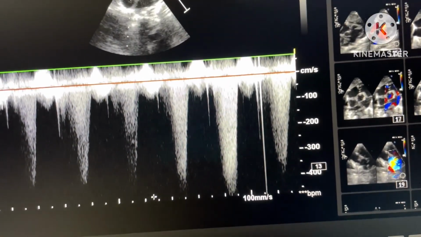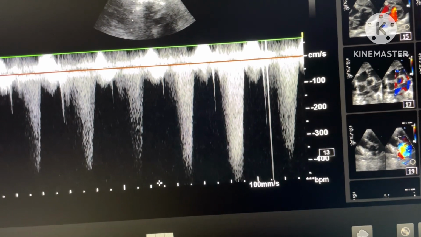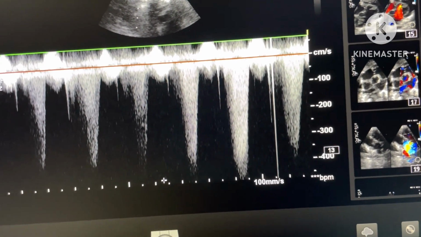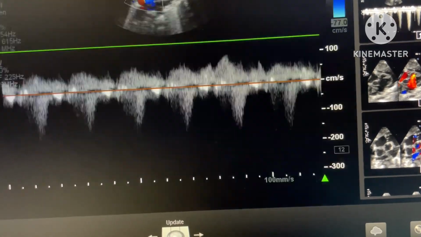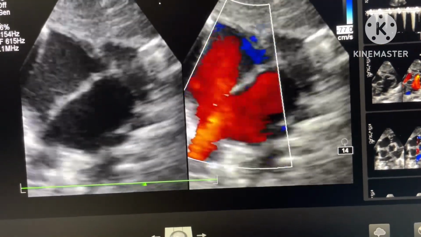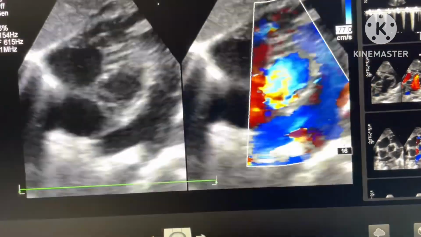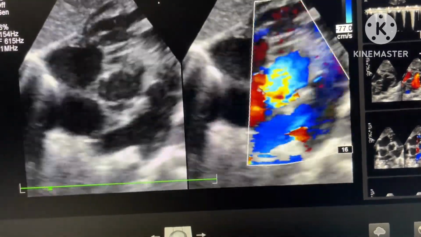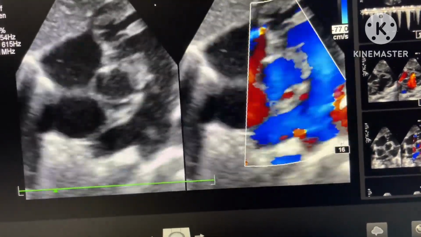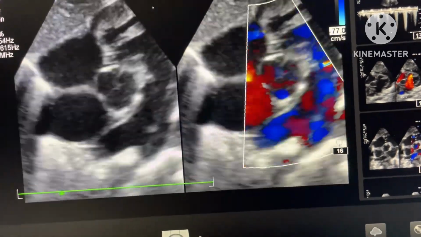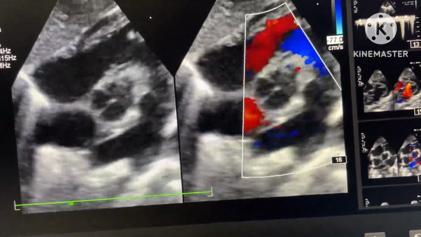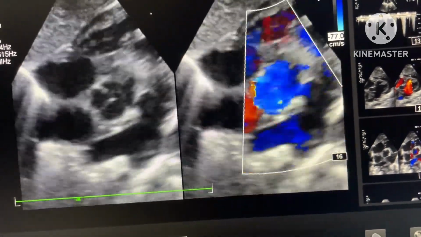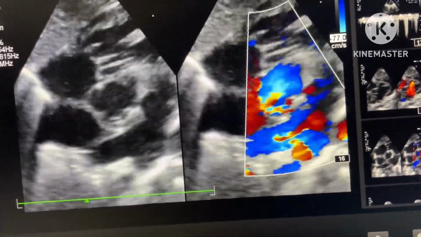So severe pulmonary artery hypertension is the finding in this case. Ultimately, what we have come to know is, when the pressure on both sides is equal, either right ventricle or left ventricle, then you have to be careful regarding defects, because a defect cannot be found by Doppler image.